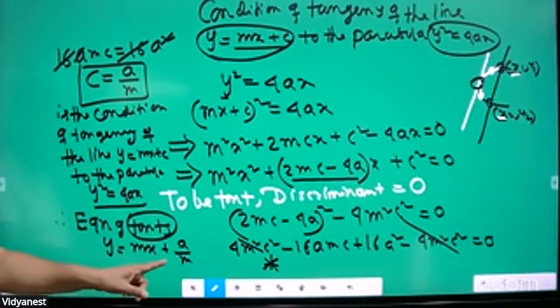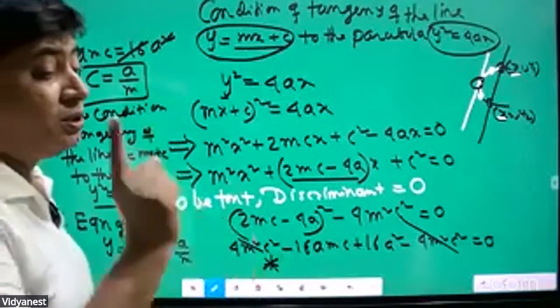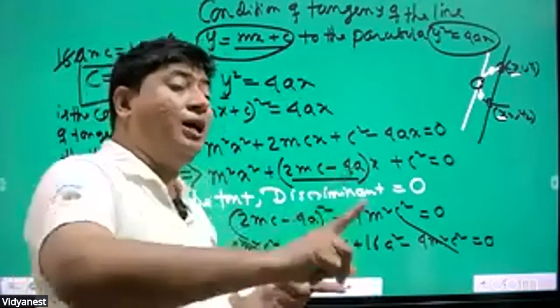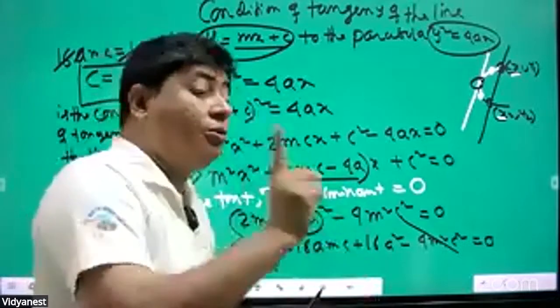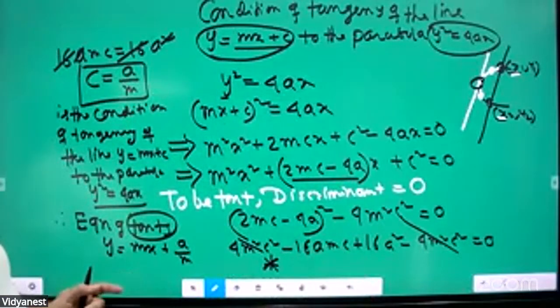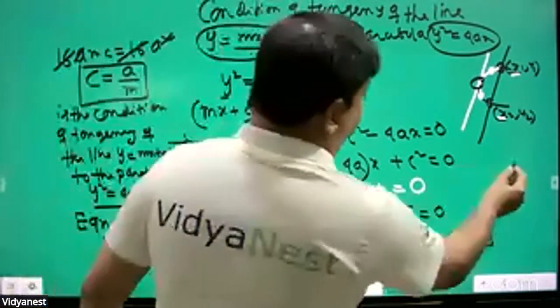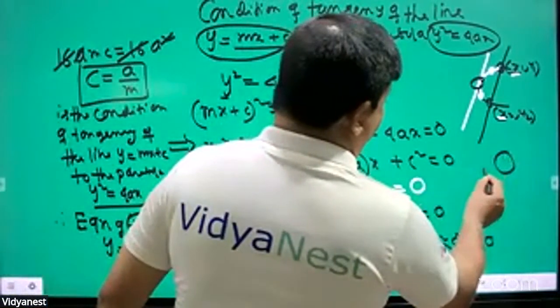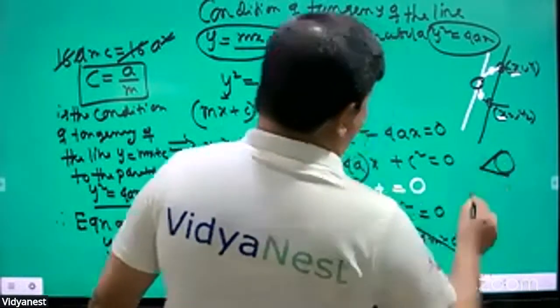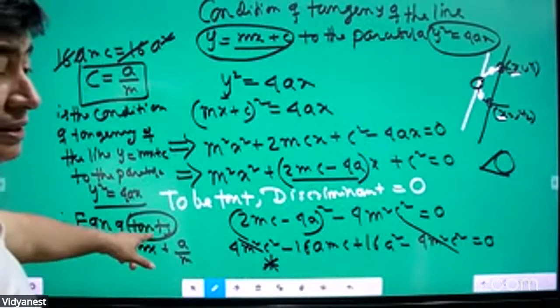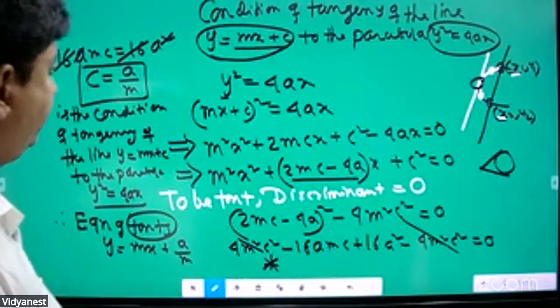Because if I take the LCM, I will get m square, which means it will have 2 roots. That means 2 tangents can be drawn from an external point. Even in class 10 geometry, we are taught, if you remember, that from an external point 2 tangents can be drawn. Yes or no? So that's why tangents, not tangent.